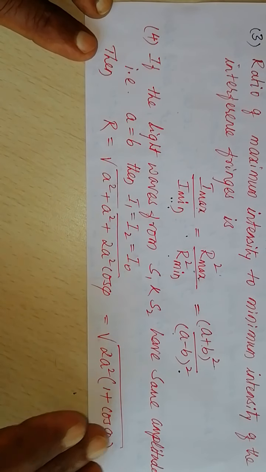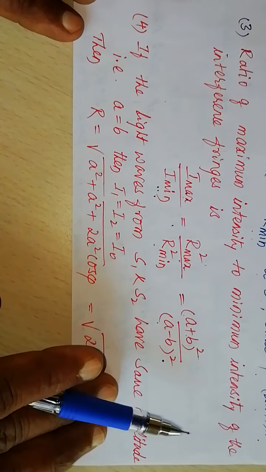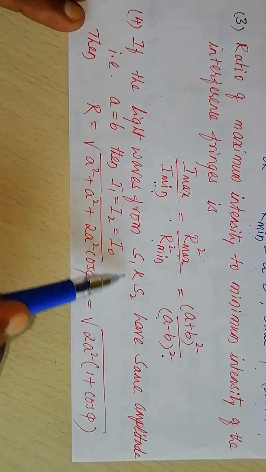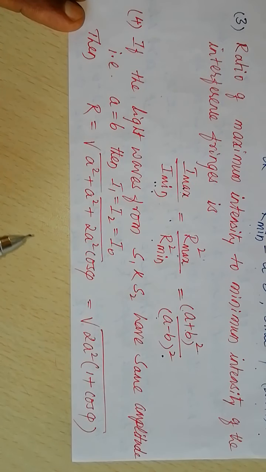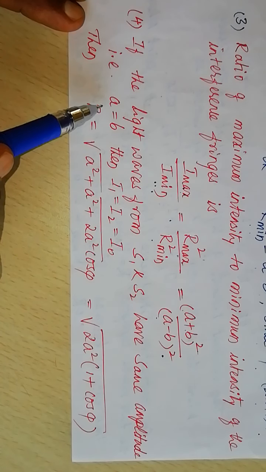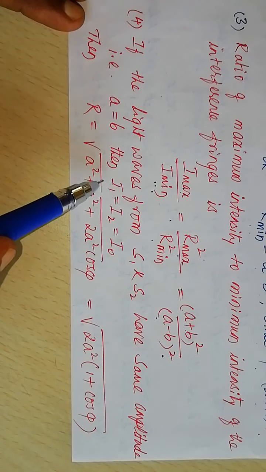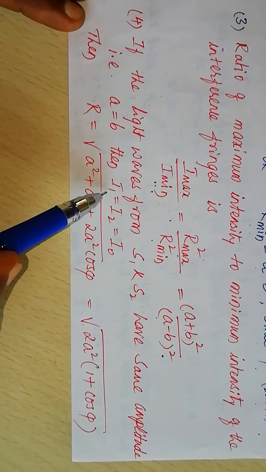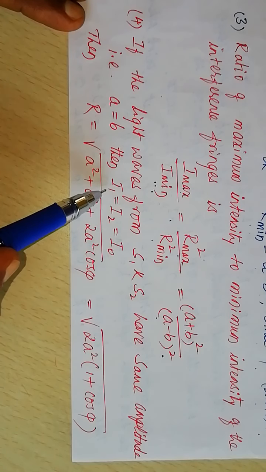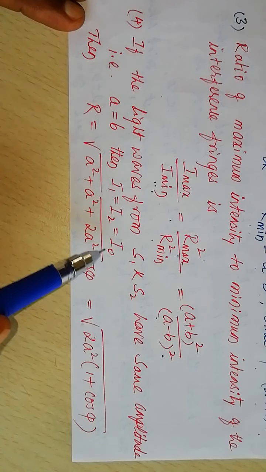If light waves from S1 and S2 have the same amplitude, that is, the widths of the slits are the same, then the amplitudes of the waves coming from both S1 and S2 are the same, A equals B. Then intensities of light from S1 and S2 are the same, that's why I1 equals I2 equals I0.